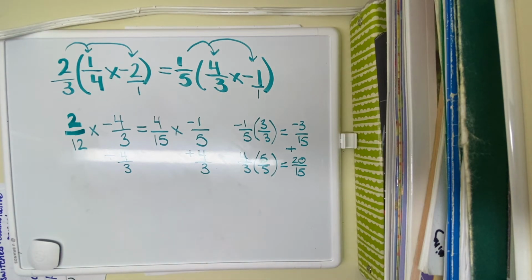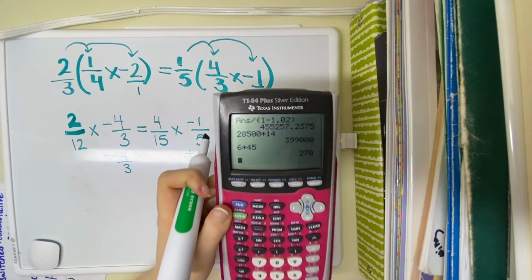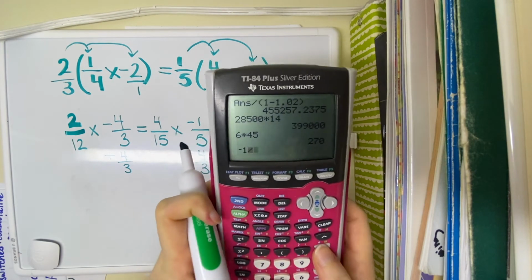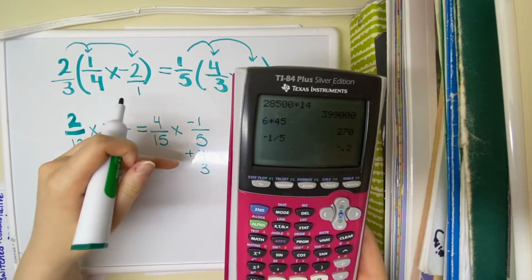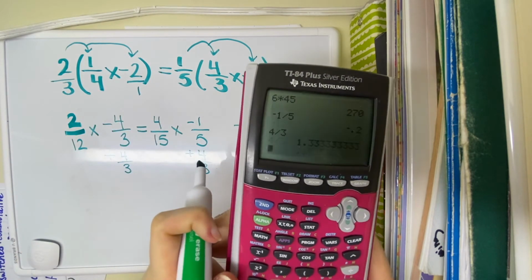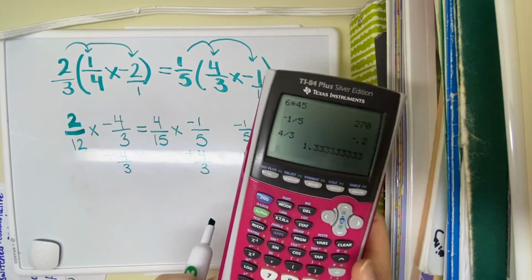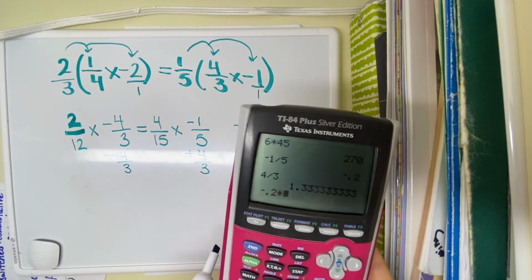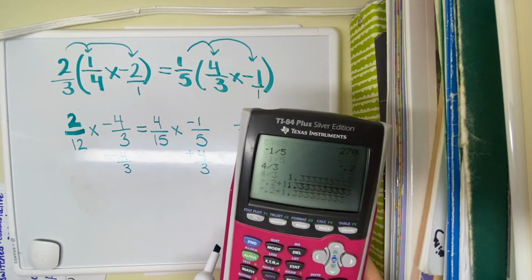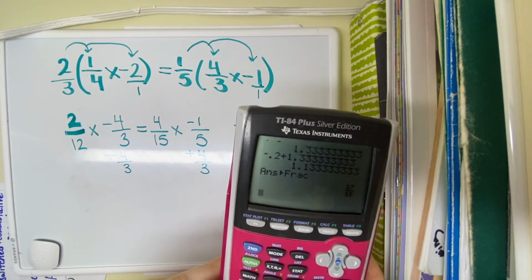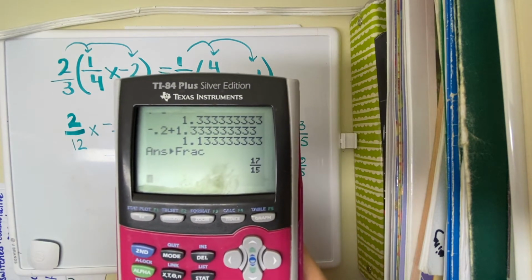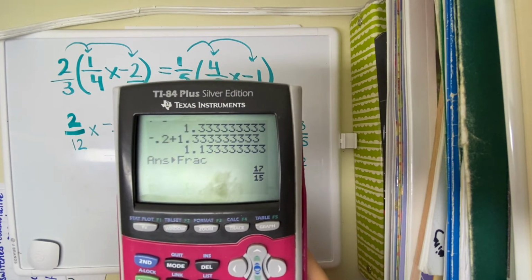And if you wanted to do that with a decimal, -1 divided by 5 would be -0.2. And then 4 divided by 3. And then if you added those, this value plus this value, you would get another decimal. And if you click Math Fraction, you get 17/15, which is what we got using fractions.